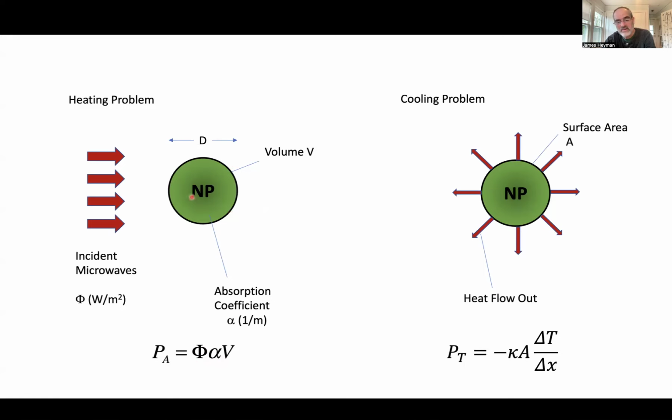So the bigger the nanoparticle, the more power it will absorb. All right? On the other hand, the heat flow from the nanoparticle is described with this equation, which we've already looked at. All right, now let's turn to the notebook and see if we can learn what the scaling laws will look like for this problem.